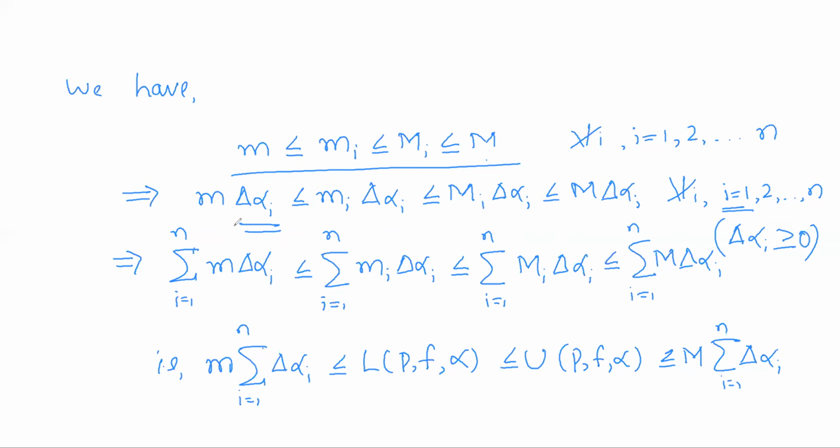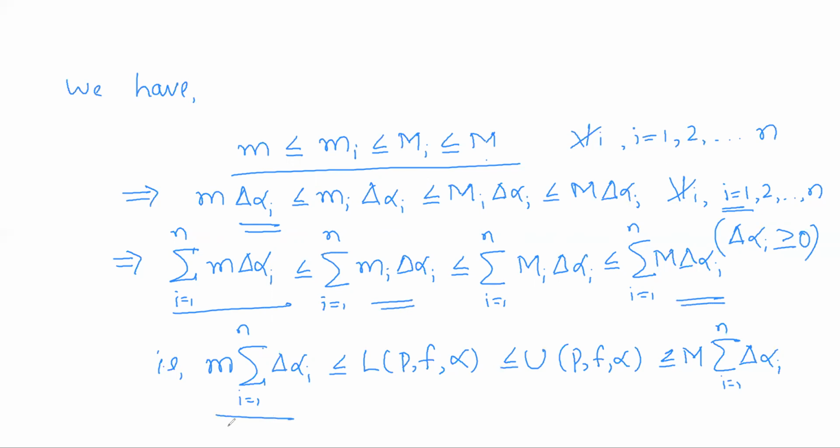Now sum up all the terms with i running from 1 to n: summation m delta alpha_i is less than or equal to summation m_i delta alpha_i, less than or equal to summation M_i delta alpha_i, less than or equal to summation M delta alpha_i.